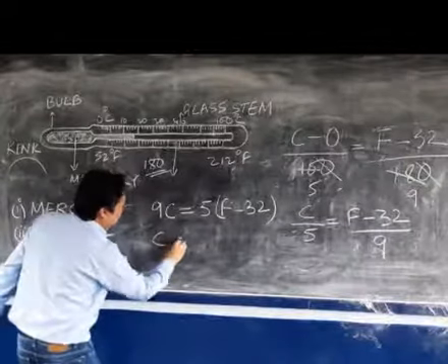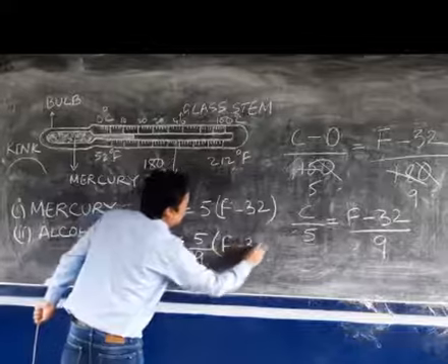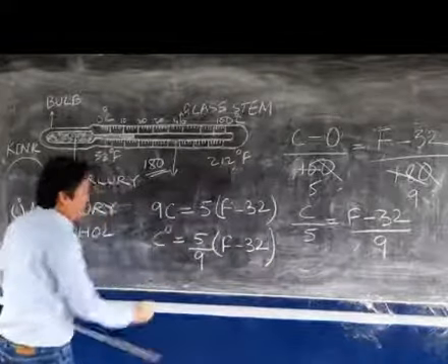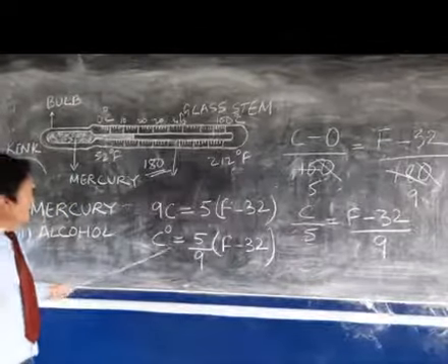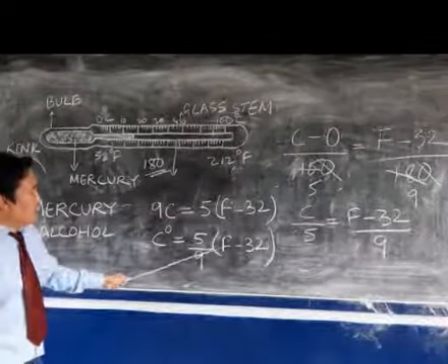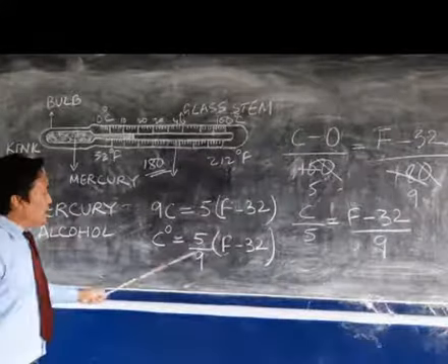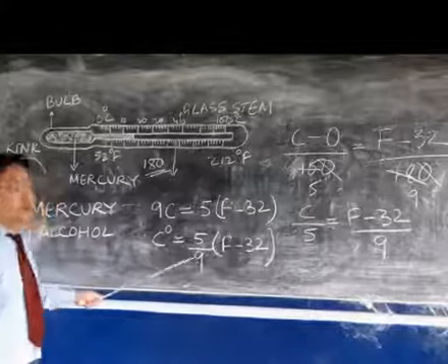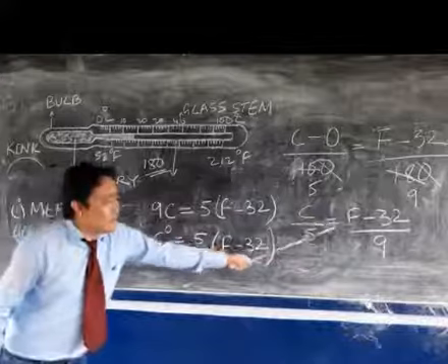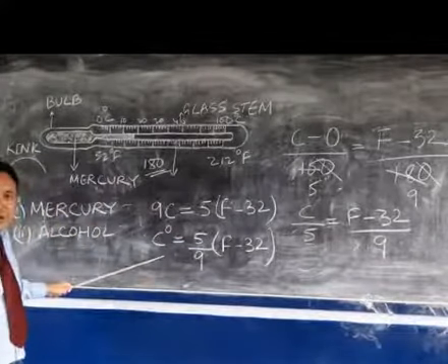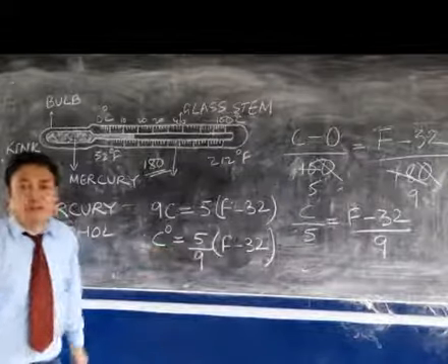Then C equals to 5 upon 9 into F minus 32. So when you are required to convert the Fahrenheit scale into Celsius scale, you use this relation. You can directly use this one also, but you can cross multiply it and find it this way also. So degree Celsius equals to 5 upon 9 into F minus 32.